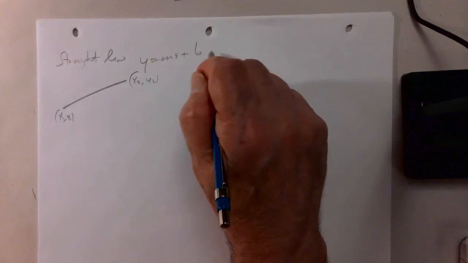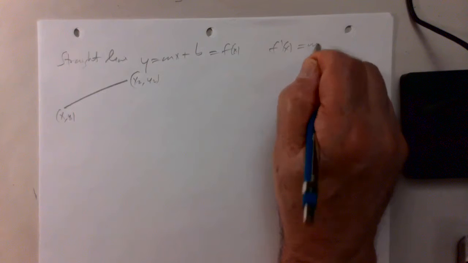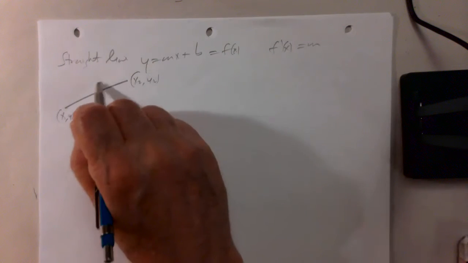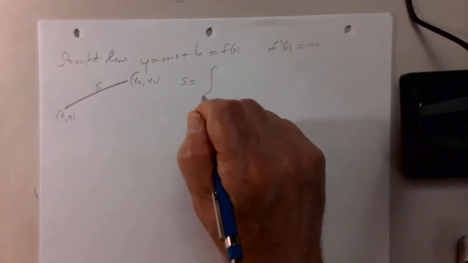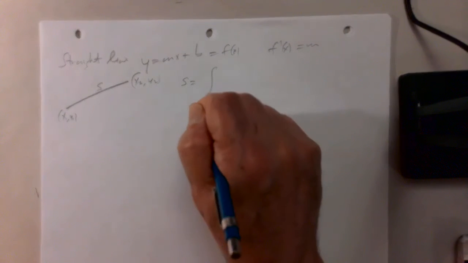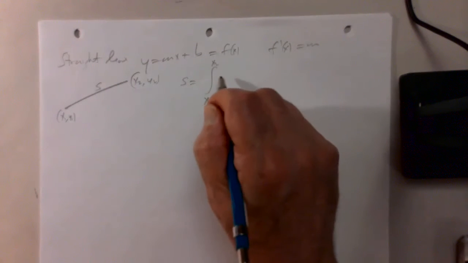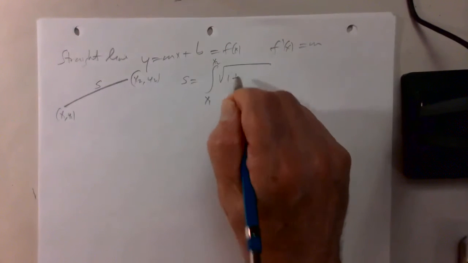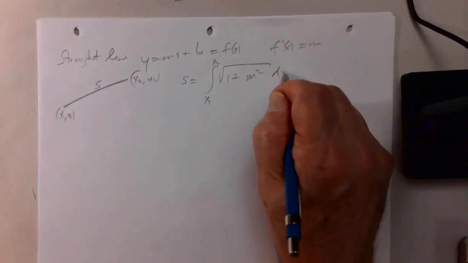So if this is my function f of x, the derivative f prime of x is just m. So the length of this line, s, if we try the formula, this is the integral from x1 to x2 of the square root of 1 plus the derivative squared dx.